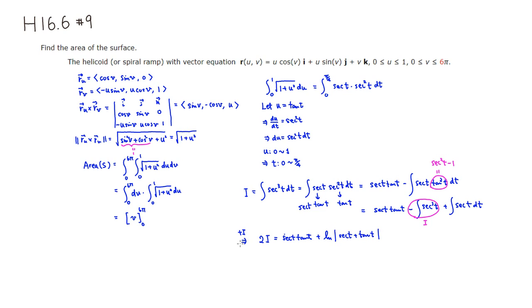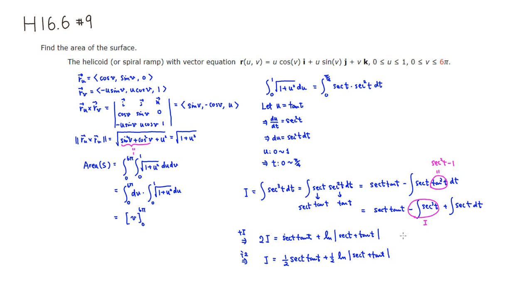Since we're looking for I, I'm going to divide through by 2. You get I is equal to 1/2 secant of t tangent of t plus 1/2 natural log of secant of t plus tangent of t.